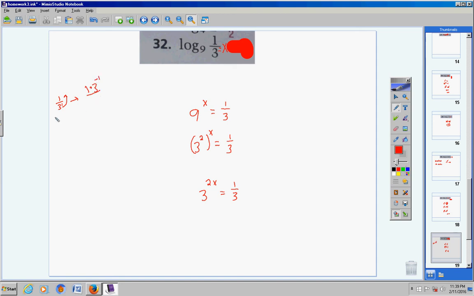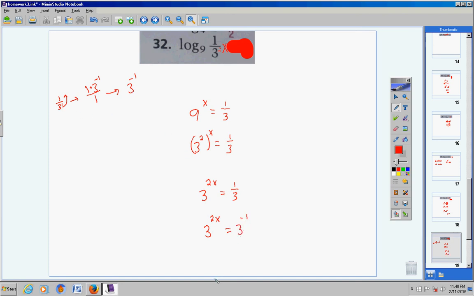Negative 1. I have to change it from a positive 1 to a negative 1. There's nothing left in the bottom, so I'll put a 1. Now, 1 times anything is just itself, so 3 to the negative 1 over 1, or just 3 to the negative 1. So 1/3 equals 3 to the negative 1.